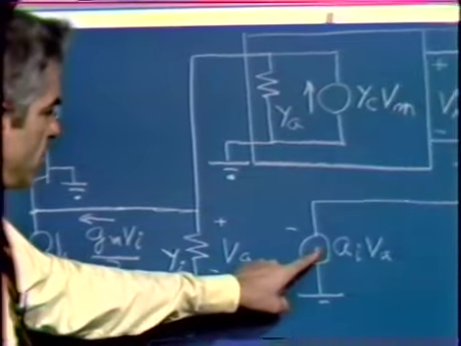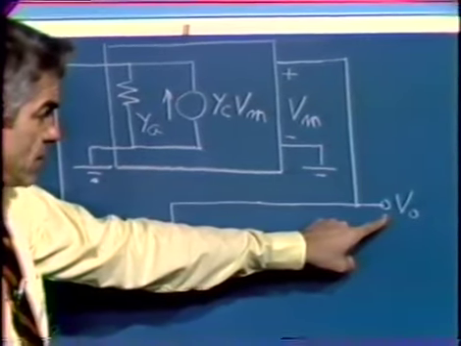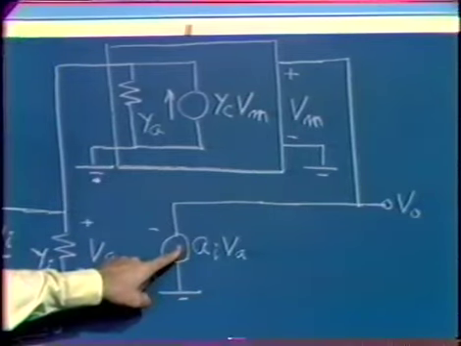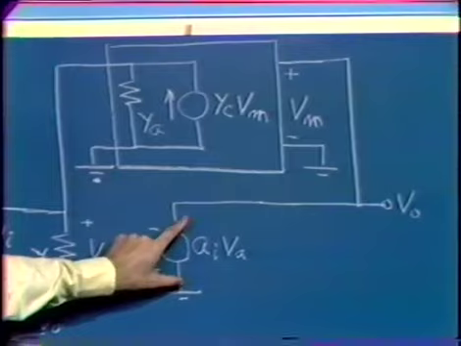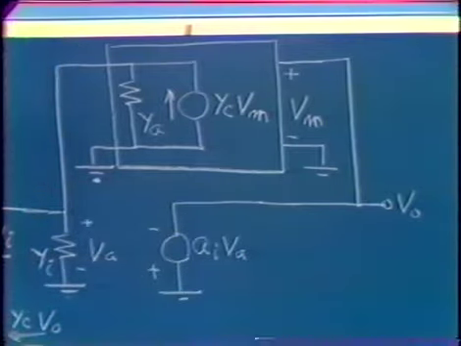And the output voltage of the second stage, which we assume is identically the output voltage of the operational amplifier. Usually there's some kind of buffering, an emitter follower or something like that, between the second stage itself and the output to make the second stage less sensitive to loads applied to the amplifier.